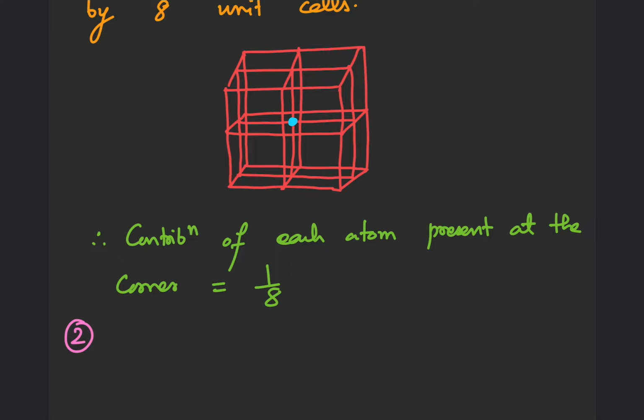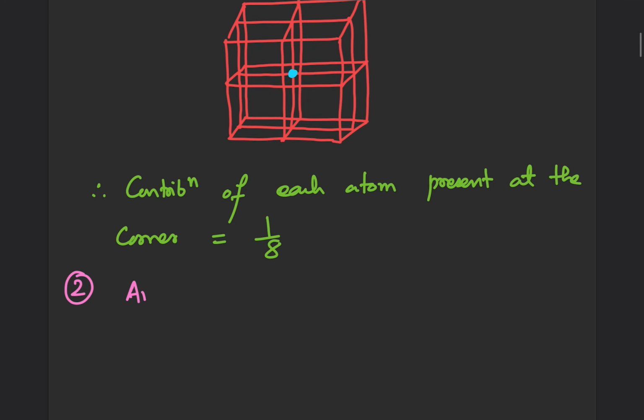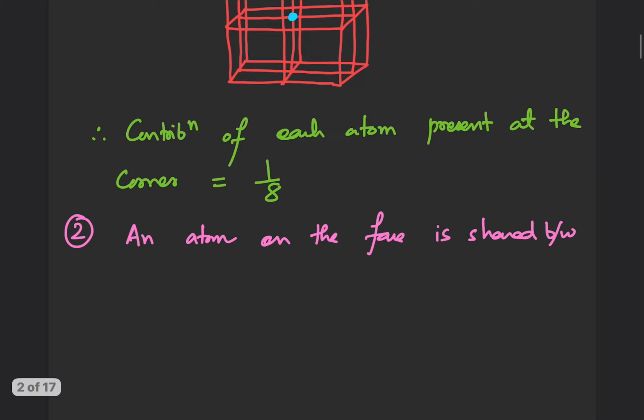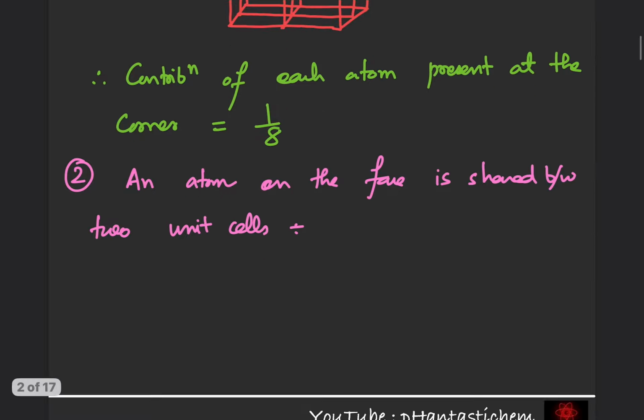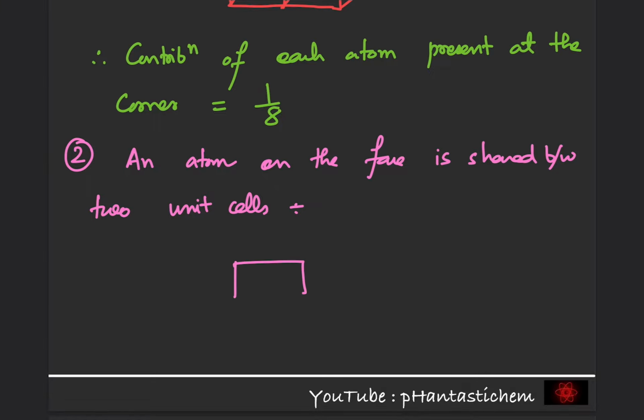Next, an atom on the face is shared between two unit cells. Okay, for example, if you see the diagram, let's say we have an atom on the face here.